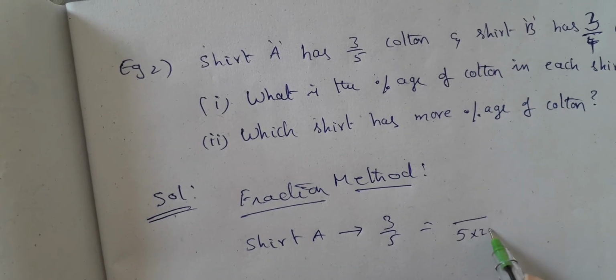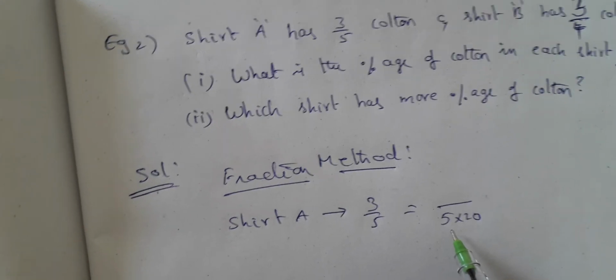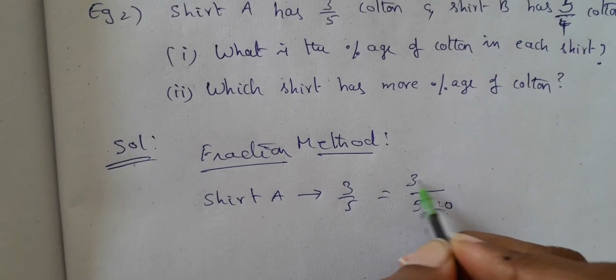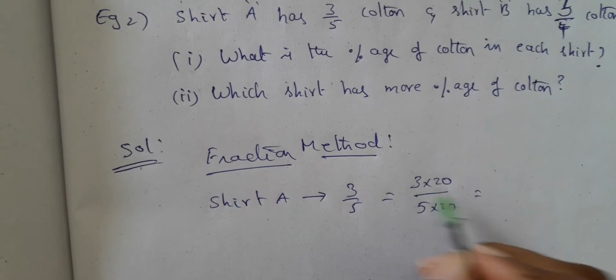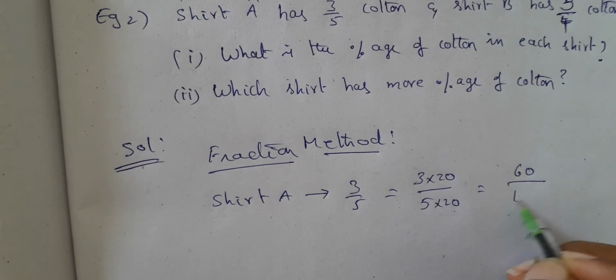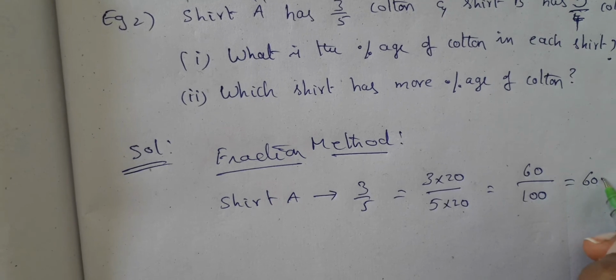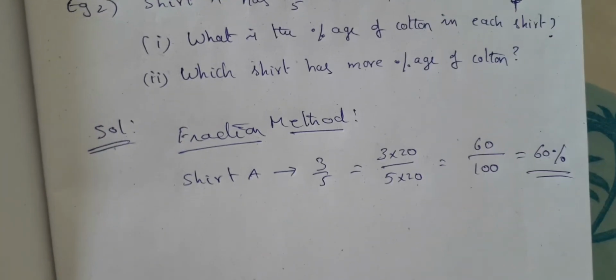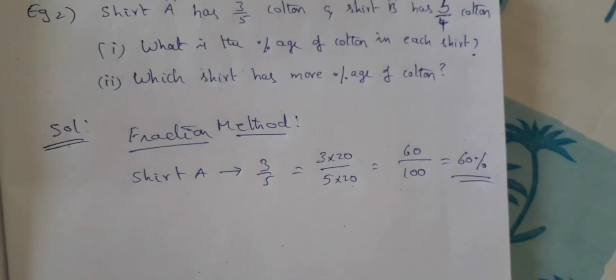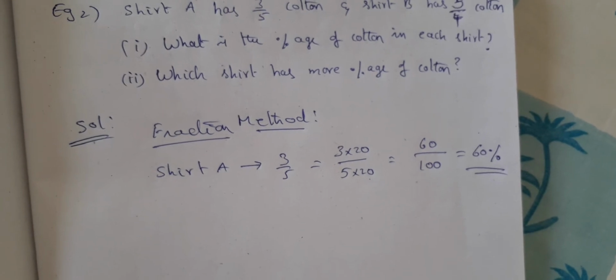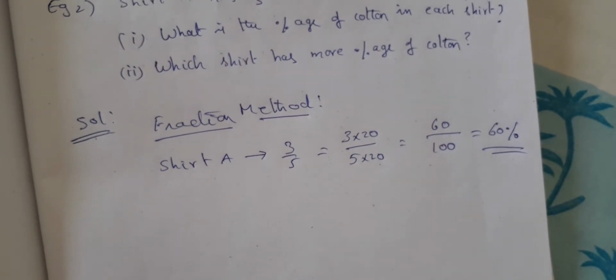That means 5 into 20 is 100. Since I am multiplying the denominator with 20, I have to multiply the numerator also with 20. So this will become 60 by 100, which is equal to 60%. So shirt A has 60% of cotton.